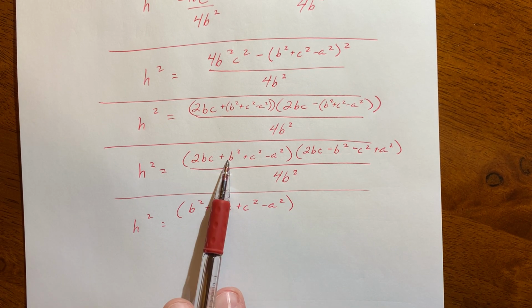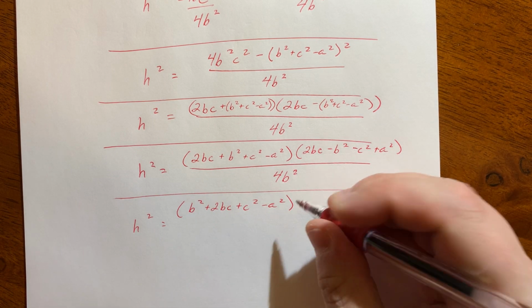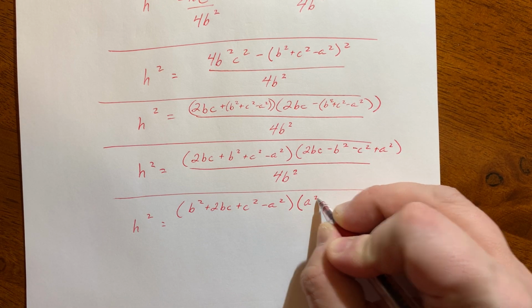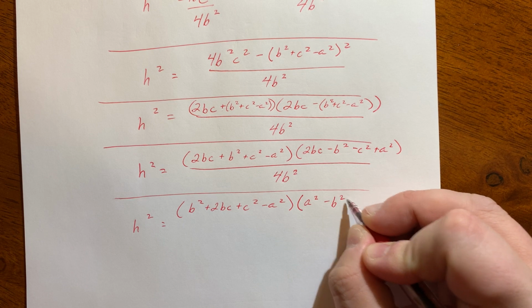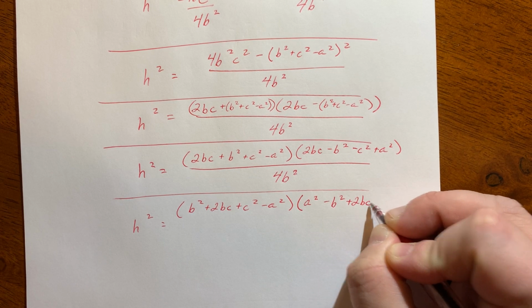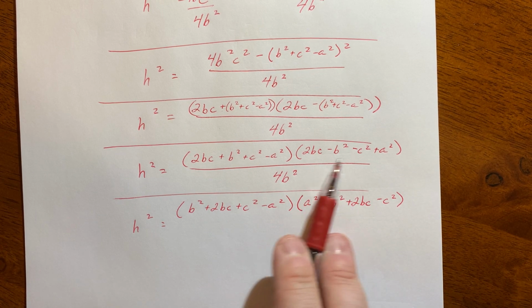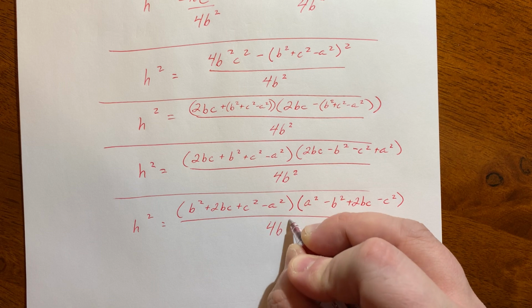So all I did is I used commutative property to switch those two locations. In the other parentheses, I'm going to do a little bit more than just that. I'm going to do the a squared, move that first, and then I'm going to put the minus b squared plus 2bc minus c squared. So I did a lot more commutative property there. Still all over 4b squared.